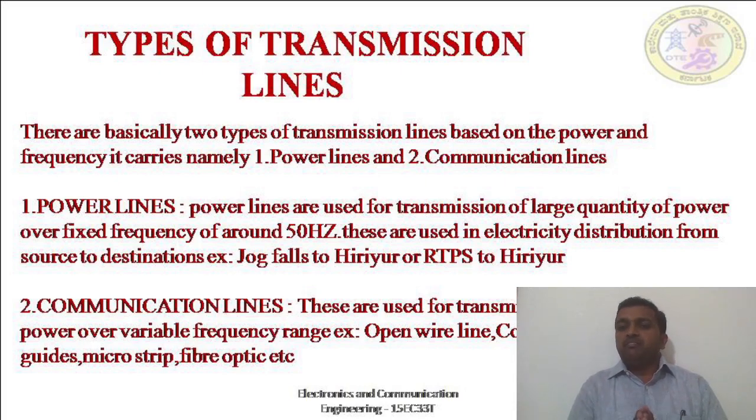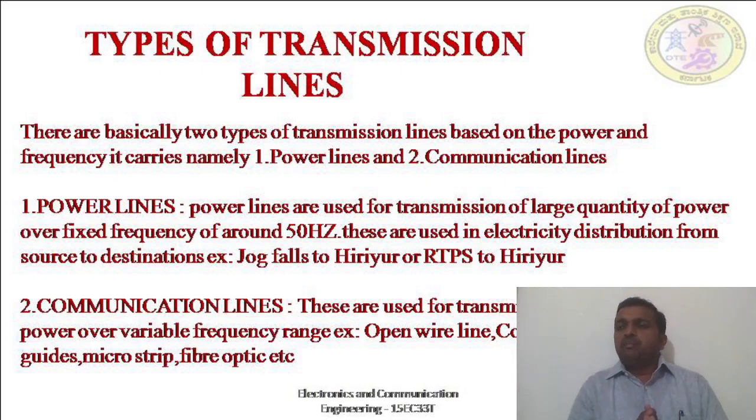Let me start with the power line. Power lines are used for transmission of a large quantity of power over a fixed range of frequency. That means in India we use 50 Hz frequency, while in the US 60 Hz is quite common. They are used in electricity distribution from source to destination. In Karnataka we have sources, that means power generators like Jog Falls, Raichur thermal power plant, Kudithini thermal power plant, and so on.